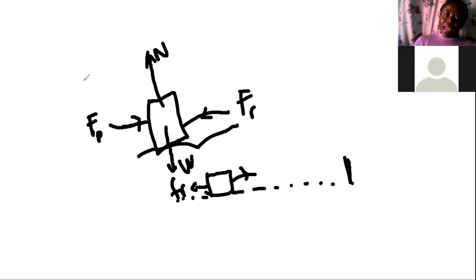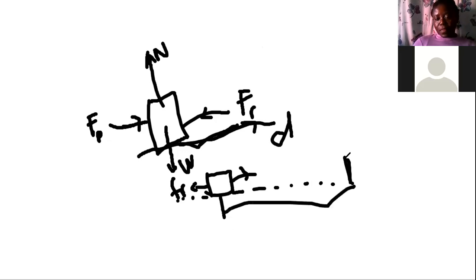The forces that are acting in the vertical component do not do work on this crate because they are perpendicular to the displacement. Remember, you are moving the crate from here up to there. The distance that it moves, or the displacement it causes, is equal to 10 meters. This is the displacement.